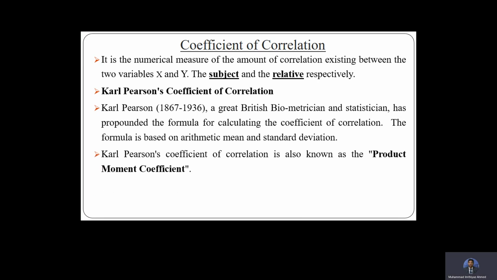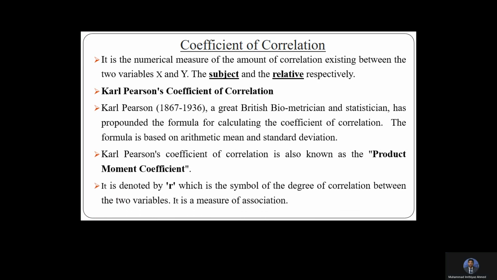So Karl Pearson's coefficient of correlation is also known as product moment coefficient. The other name is product moment coefficient. It is denoted by small r. The formula will start with r.